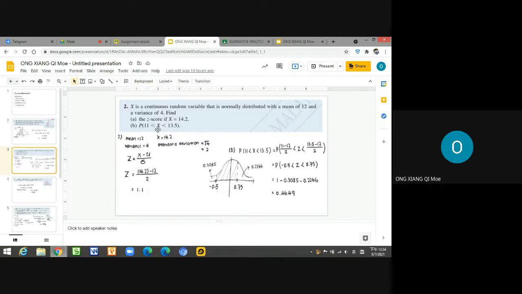We use the same formula, z equals s minus mean divided by standard deviation, where s is 11 minus 12 divided by 2, and the same for 13.5 minus 12 divided by 2, and we get the answers negative 0.5 and 0.75.